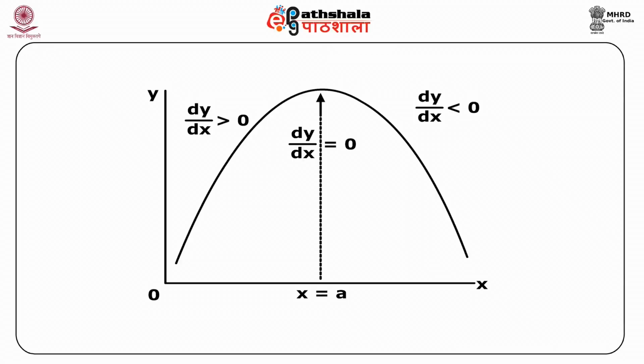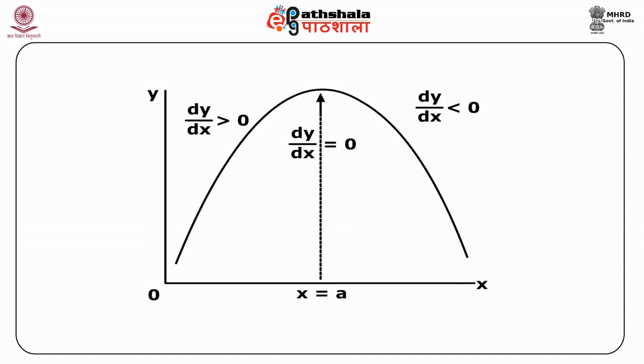Then, at a particular point A, the first derivative becomes 0. This signifies equilibrium position, that is, a point where there is no further tendency to change position and the graph is neither increasing nor decreasing.